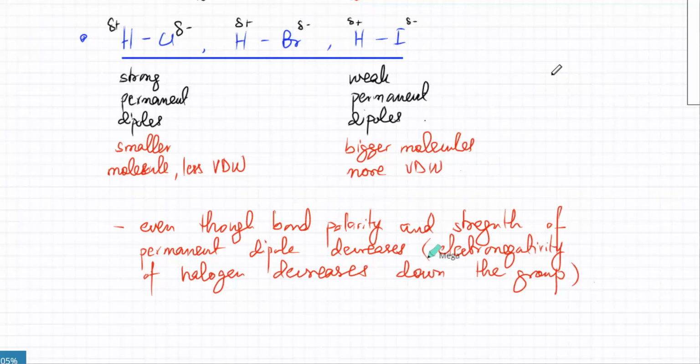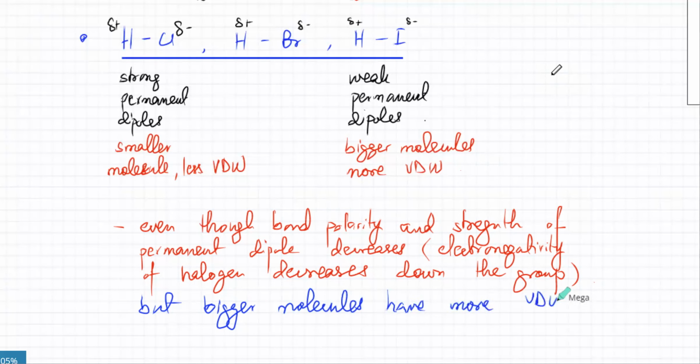So that's the first part. Even though the bond polarity and strength of the permanent dipole decreases, bigger molecules have more van der Waals forces, which increase down the group, and which is why the boiling point increases.